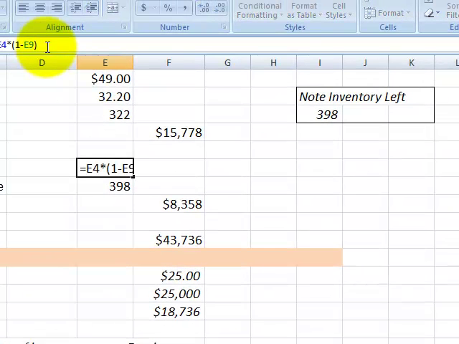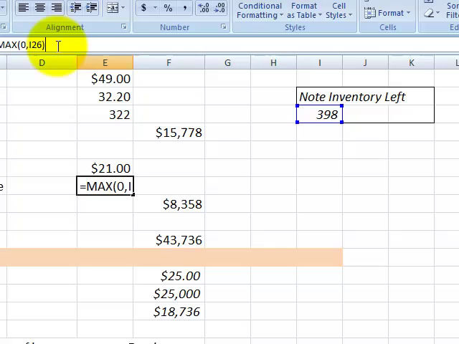The last piece is our clearance pricing, which is simply our list price times 1 minus the discount level. Same sort of thing we do, but here we do the maximum of what's left, as there may not be any left. Now this model is assuming that at the clearance price we will sell all our inventory.